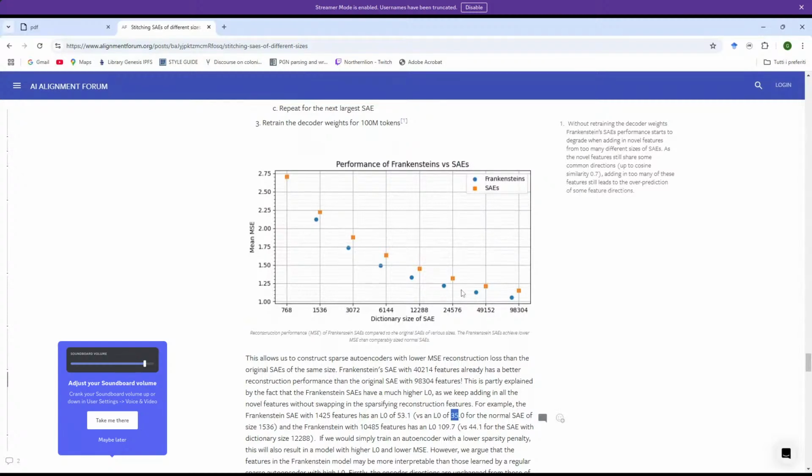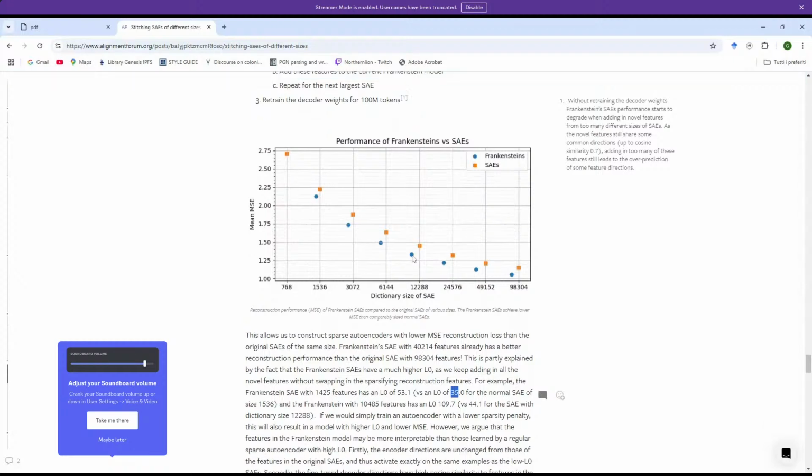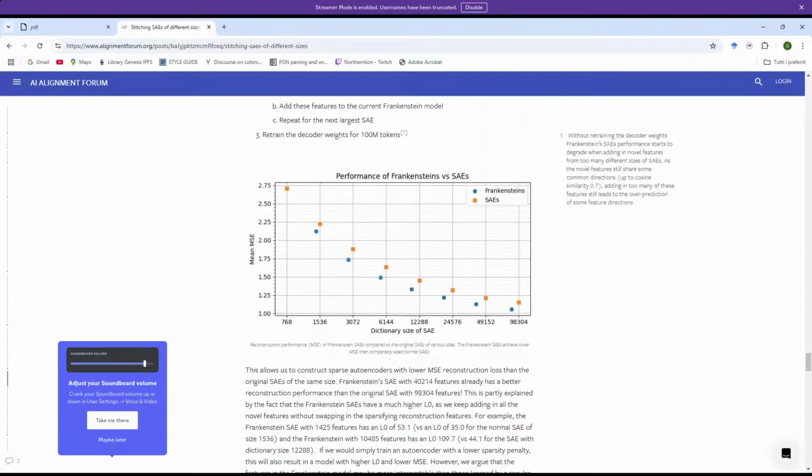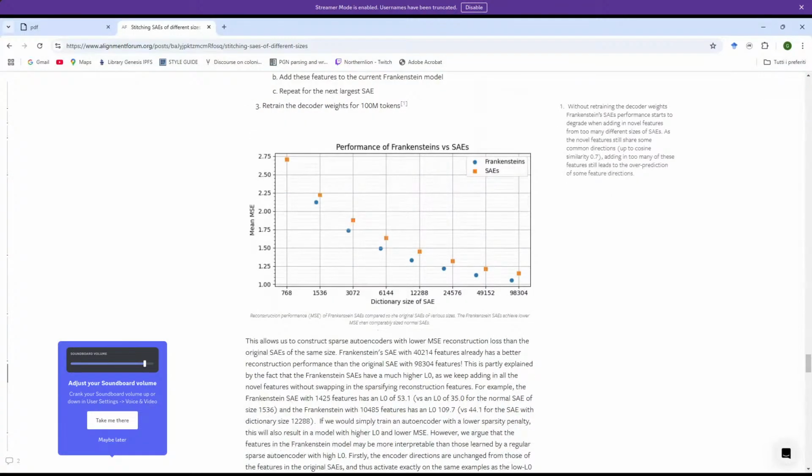Or here, this 1000 something has double the L0 of this one. If you have in mind the sparsity L0 curve, you can imagine that the difference could be at least partially due to the L0 being double.